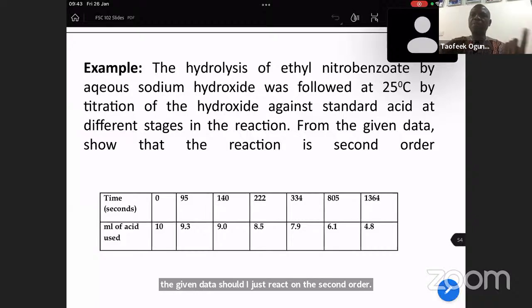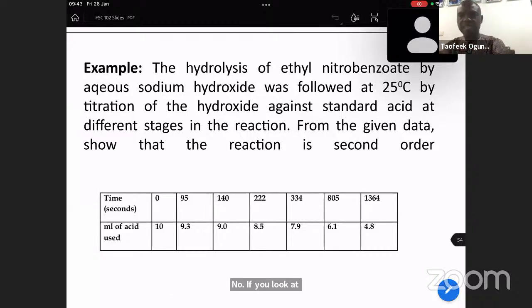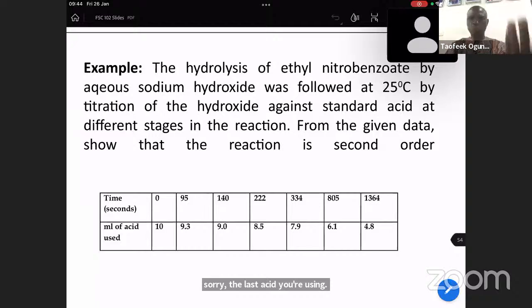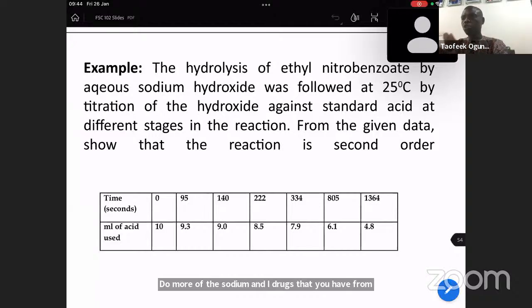Now, if you look at this, they're saying that you have hydrolysis of ethyl nitrobenzoate using sodium hydroxide, but you were following that by titrating sodium hydroxide against standard acid, meaning that the less acid you're using, the more of the sodium hydroxide you have consumed, because you have ethyl nitrobenzoate, you also have sodium hydroxide. Both of them are reacting together.